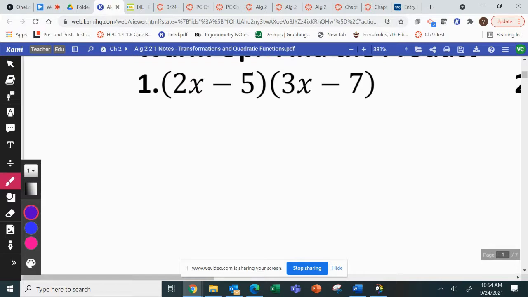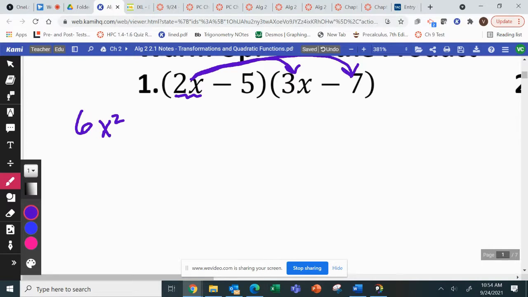What I'm going to do is take the first number, 2x, and multiply it by 3x. So 2x times 3x is 2 times 3, x times x, 6x squared. Then I take the 2x and distribute it to the minus 7.